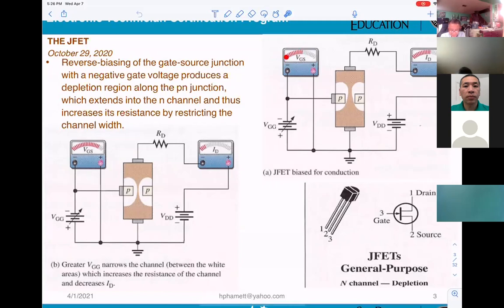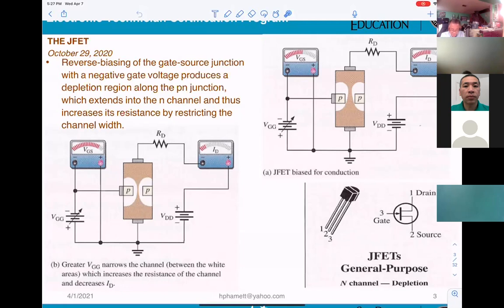Okay. When VGS is less negative, that tells you the channel is wider and the current ID will be more. On this one here, you get more negative, so that's why the channel will be narrow. It limits the current flow, so they tell you the current ID will be less. That's the only thing they want to show you, the relation between VGS and the current ID.